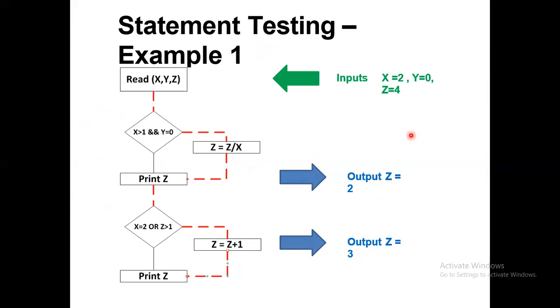In the examination or in the industry, you will get either a flowchart or the software code. If you are requested to do the statement testing, you have to understand what the X, Y, Z values are. That is what is expected.